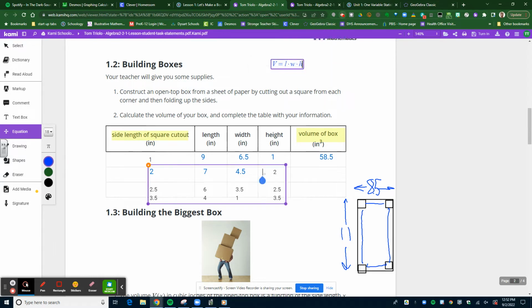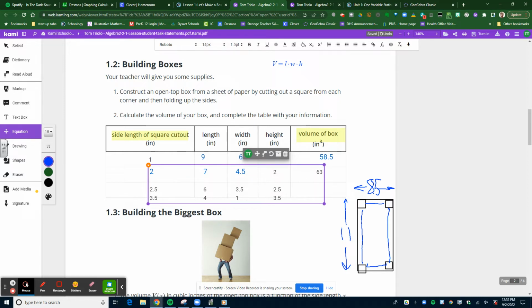Let's put our width and our length and our height together to give us our volume. Okay. So 7 times 2 times 4.5. 60 something? 63? Next one is 50 something? 52 and a half?